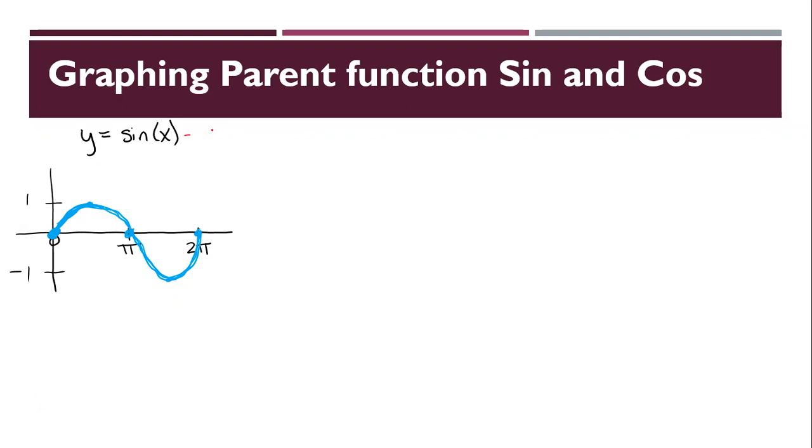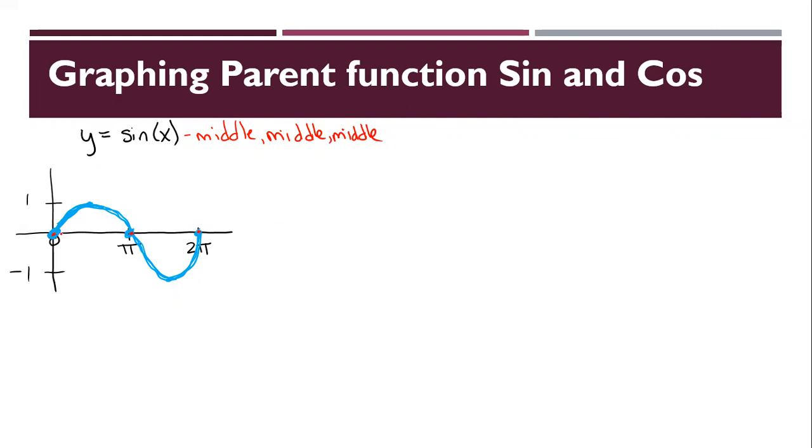First of all, a memory trick to help you remember how to graph it: I refer to sine as middle, middle, middle, because my important starting, middle, and end points are all in the middle of the wave.